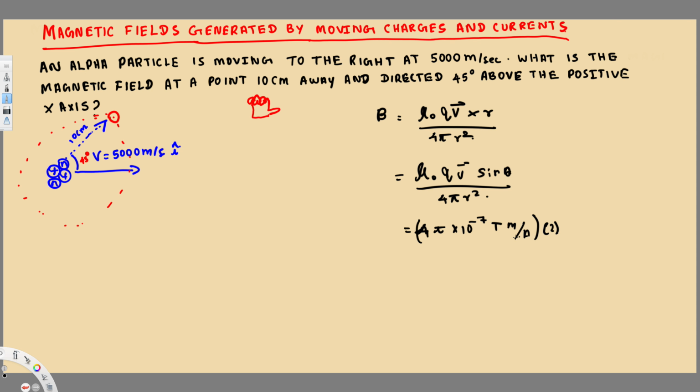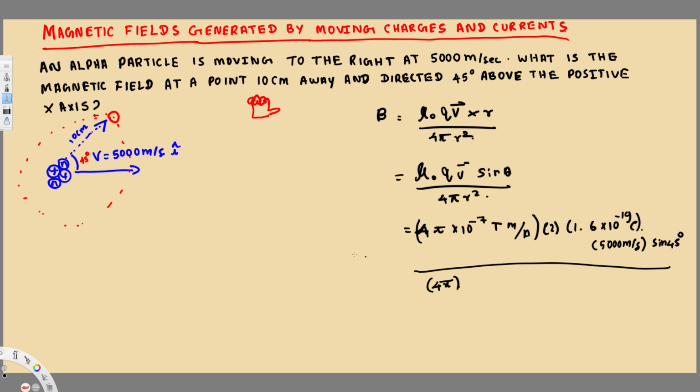Two times one proton's charge, which is 1.6 times 10 to the power of minus 19 coulomb, right? And the speed is 5000 meters per second. So we multiply this by 5000 meters per second times sine 45, divided by 4 pi r squared.